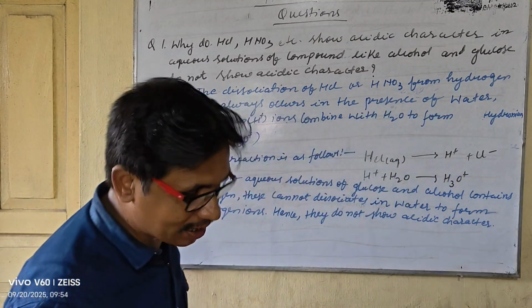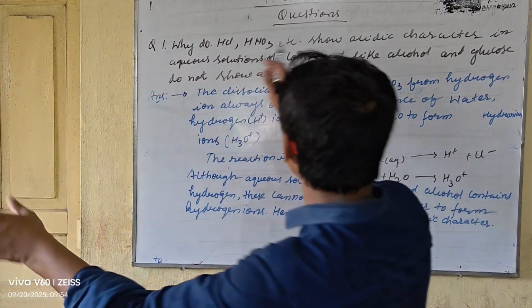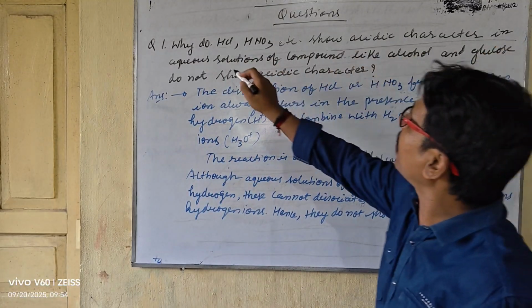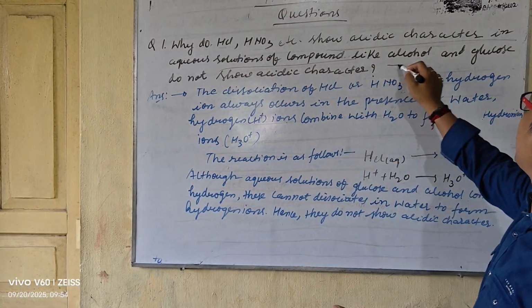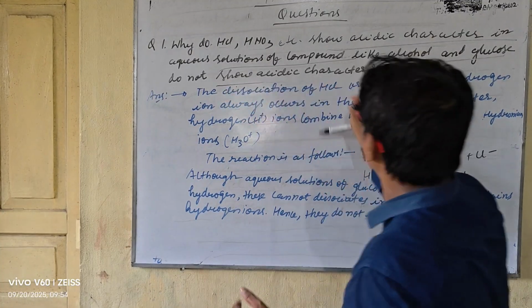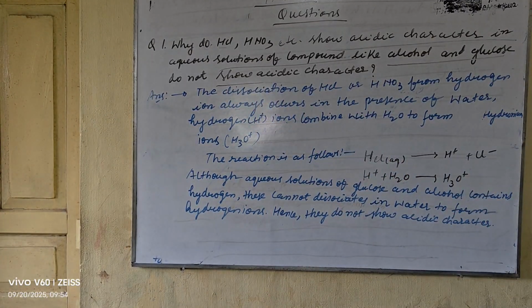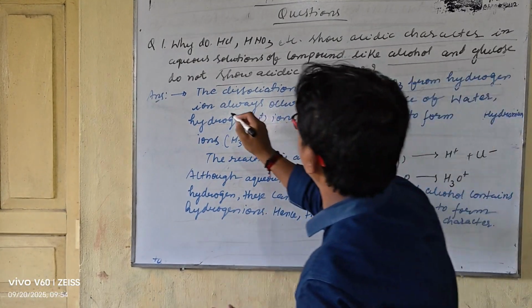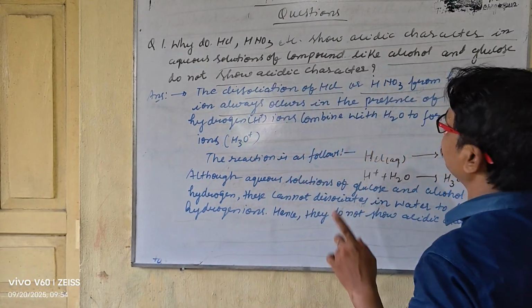So, my dear students, the question is asking why do HCl, HNO3, etc. show acidic character in aqueous solution, while compounds like alcohol and glucose do not. What is the reason behind that? The dissociation of HCl or HNO3 to form hydrogen ions always occurs in the presence of water.